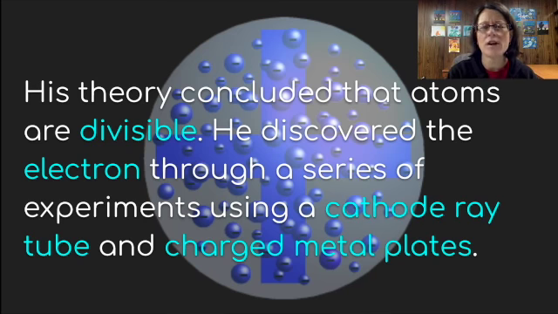And what he saw is that the hits that were happening in the tube were bent towards the positive plate. And he knew that they had to be negative particles in the cathode tube because like charges repel, and unlike charges attract, so the negative charges in the tube were attracted to the positive plate.